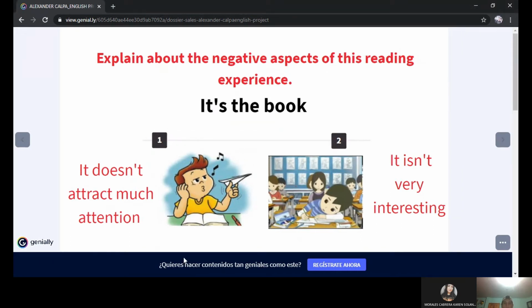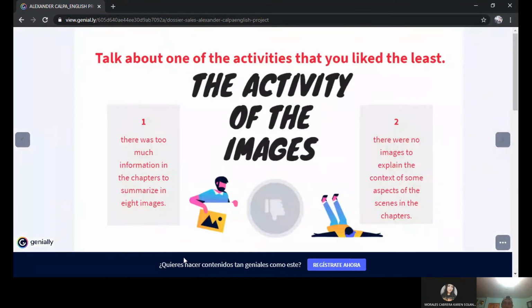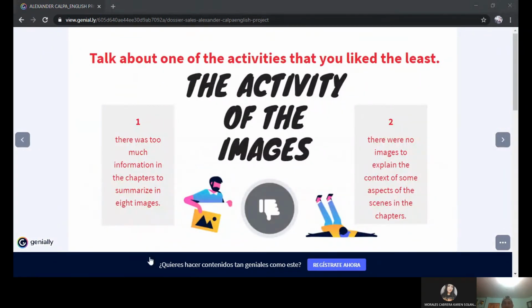Two, talk about one of the activities that you liked the least. The activity that I didn't like was the activity of the images, for two aspects. One, I think there was too much information in the chapter to summarize in 8 images.